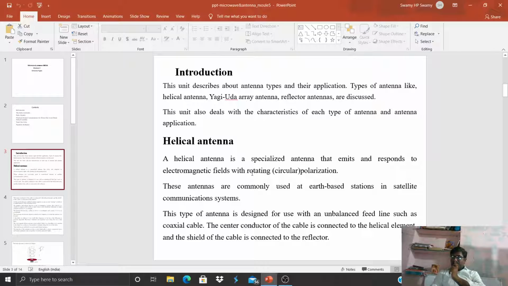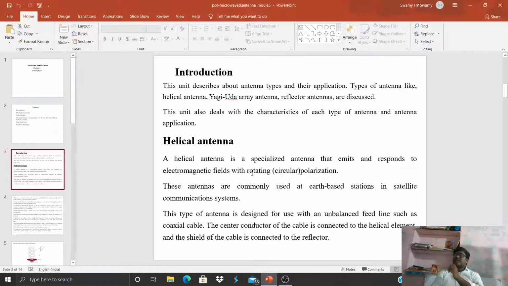The center conductor of the cable is connected to the helical element. What is in a coaxial cable? One copper cable will be there, centrally. That cable is connected to the helical element, and the shield of the cable is connected to the reflector.